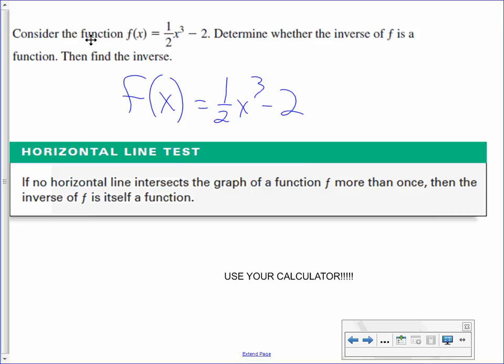Which way is vertical? Up and down, so horizontal would be the opposite.